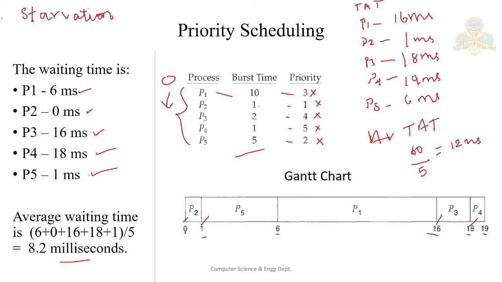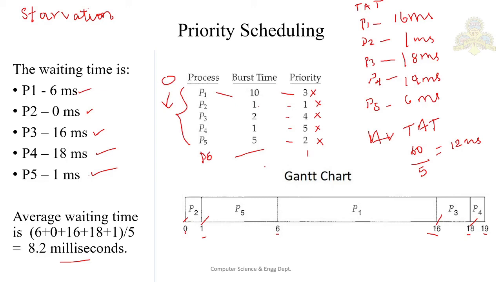Say, for example, in our situation, let us take this one. Here, till P1 it is okay. P1 is executing, and you still have P3 and P4 with priority 4 and 5 in the ready queue. But suppose another process P6 comes with priority 1 again.